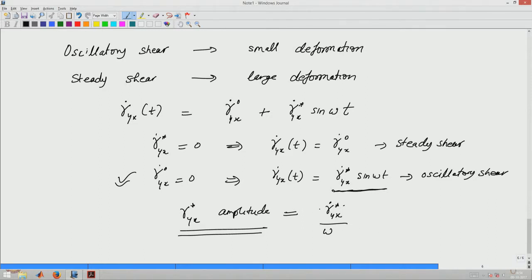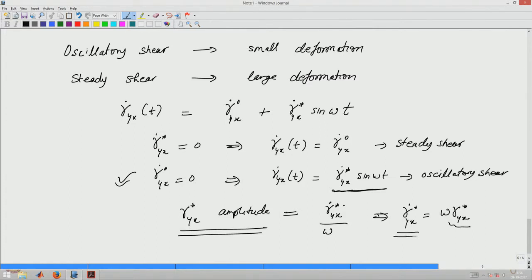Of course, at large frequency the strain automatically remains small, because based on this relationship, gamma dot star yx is omega times the strain amplitude, right. So, if I choose one strain amplitude which is small, strain rate will have to be higher and higher at higher frequencies.